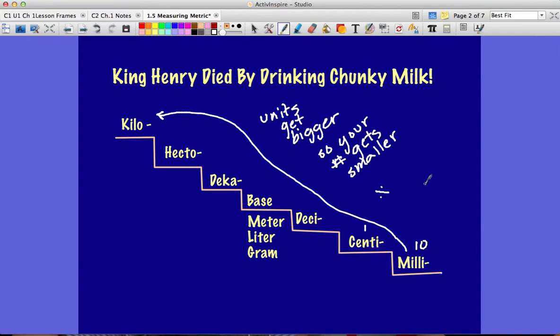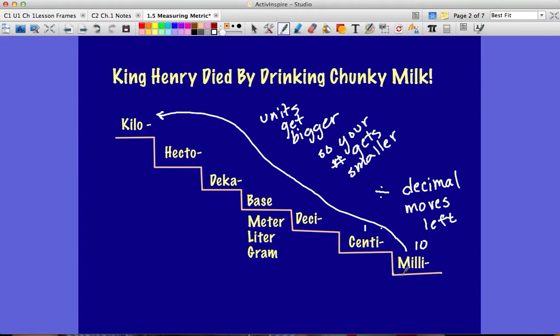And the way that I like to do it, instead of using division, I like to just look at the decimal. So when you're moving up the stairs, your decimal actually moves left. As you go up the stairs, your number is going to get smaller because the unit of measurement is getting bigger.